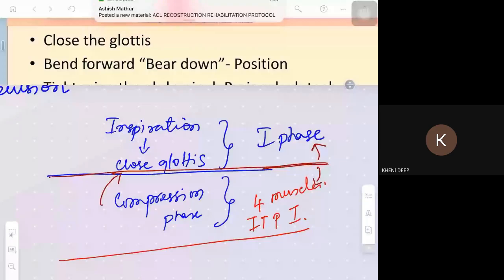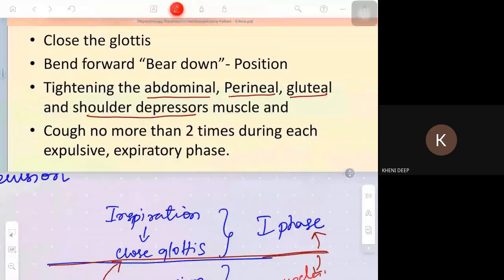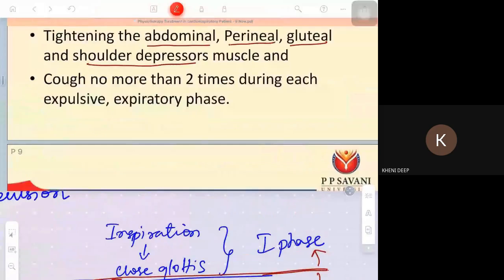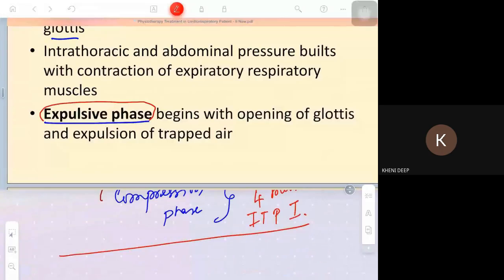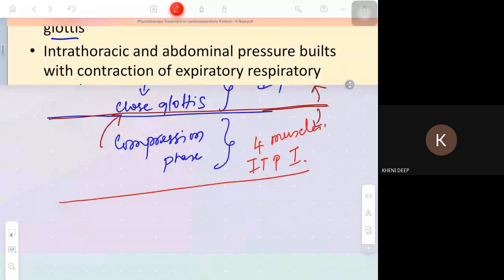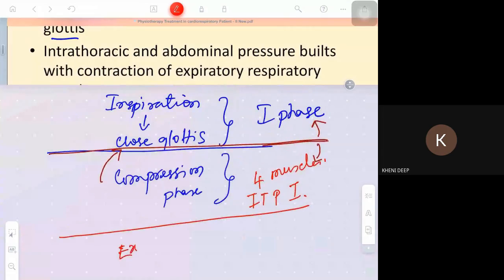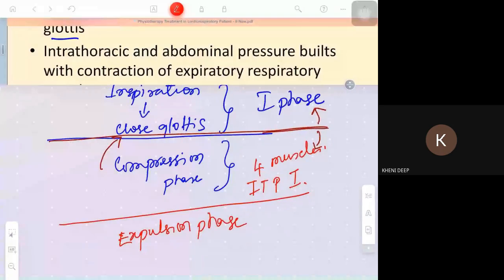What will happen when the next phase will start? What is the next phase? The next phase is the expulsive phase. The expulsive phase begins when opening of the glottis occurs. So now what will happen next? The third phase is the expulsion phase. What is this line?